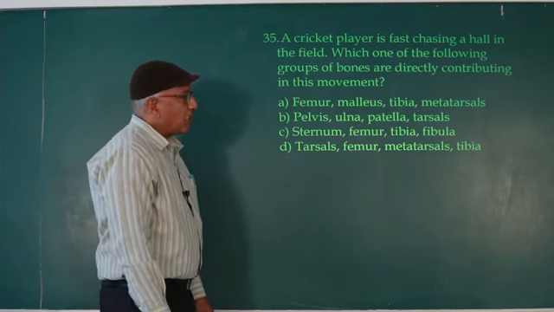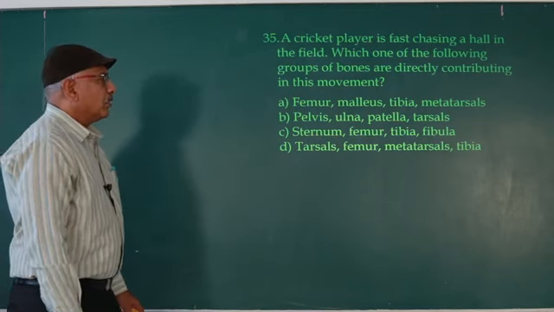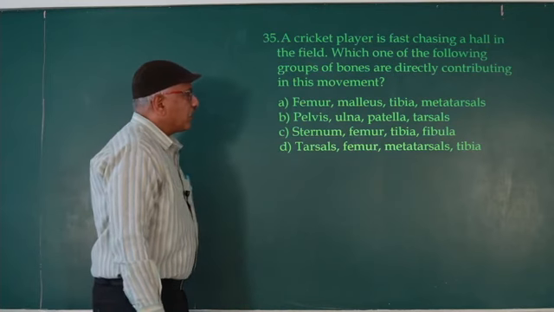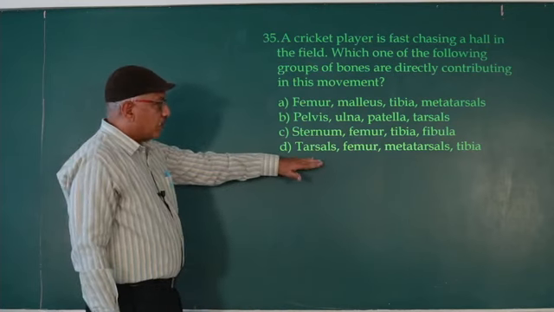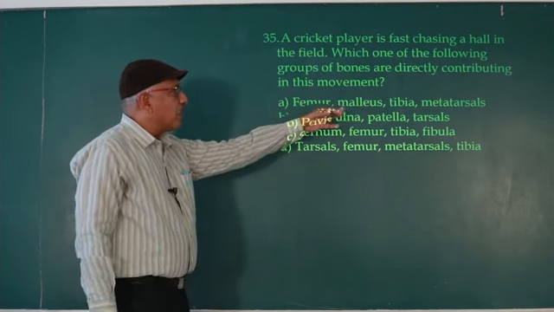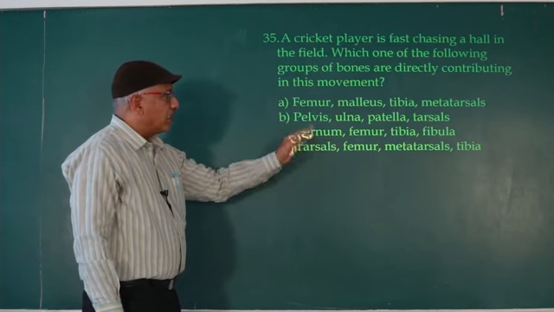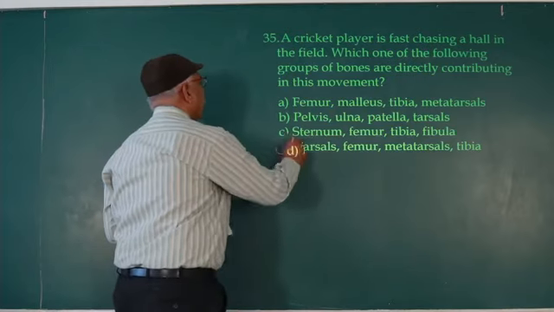Metatarsals are present in the foot, and tibia. So these are the bones present in the leg. Femur, malleus, tibia. What is malleus? Ear ossicle. Pelvis, ulna, patella. Sternum, femur. So the option is the fourth one.